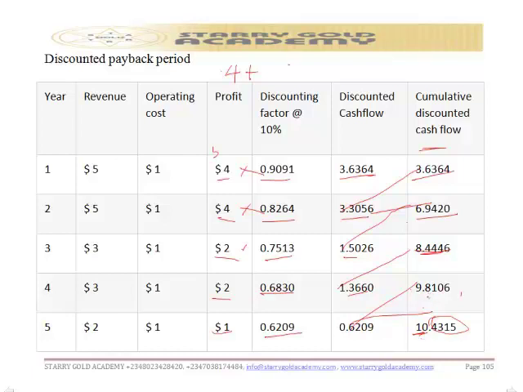Remove 9.8106 from 10 million. What it will give you, multiply by 52 weeks or multiply by 365 days. It depends on the one you want to use. If you want to use days, use the 365. If you want to use weeks, use 52 weeks. If you want to use months, use 12.